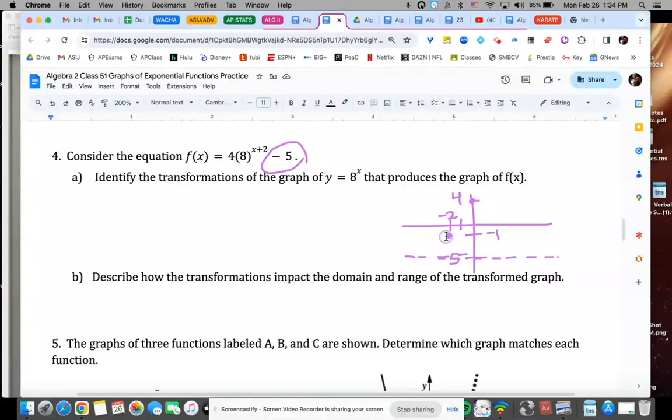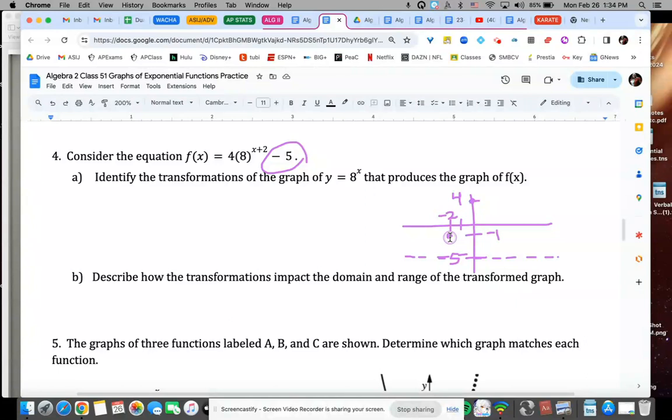So that's actually where my starting point is. How do I know? Well, start with this value, and then you can do your shifting around. I can go left 2 and down 5 using that point.